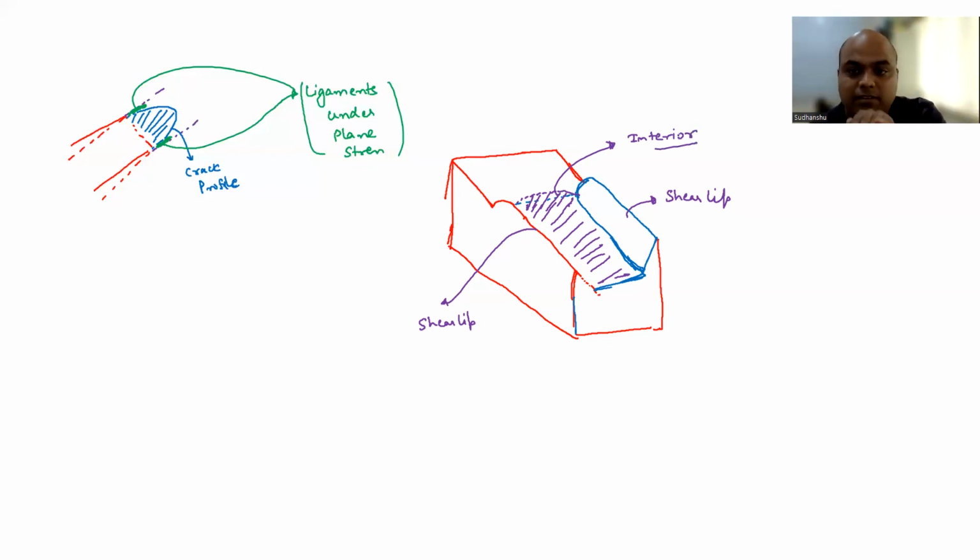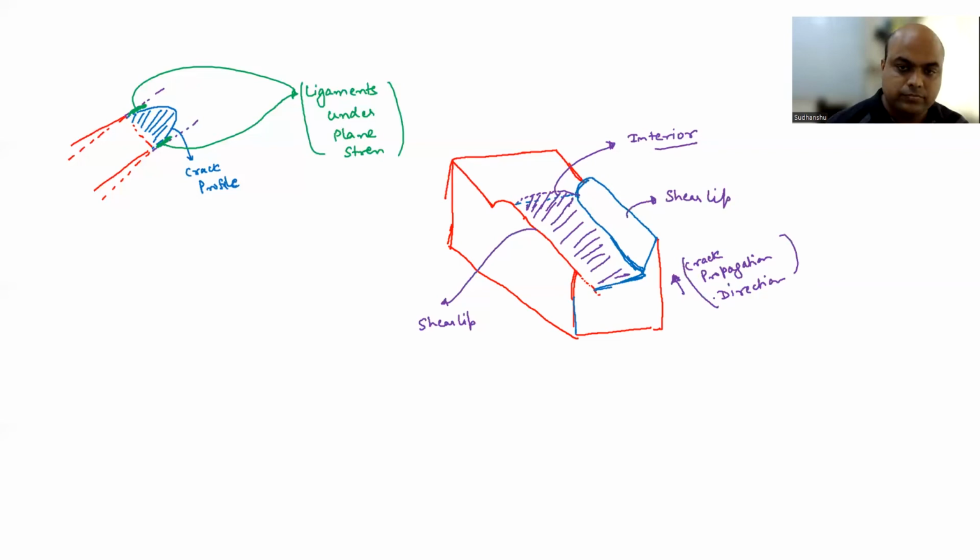So I am looking from this side. Your crack was initially this side, and this is your crack propagation path or direction. So your crack is going to propagate along that direction.